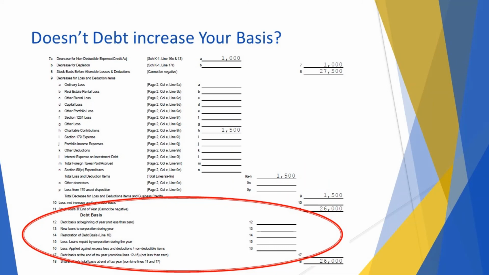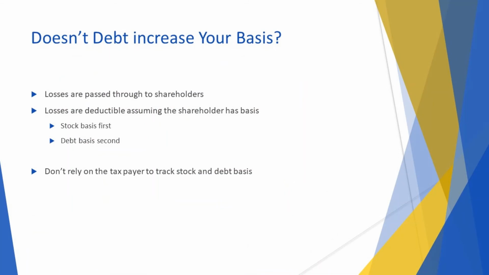In our scenario, if Jack had loaned the company money rather than taking a bank loan, he would have seen an increase in his debt basis. This would have allowed him to deduct those losses rather than suspending them. Losses of the S corporation are passed through to the shareholders.